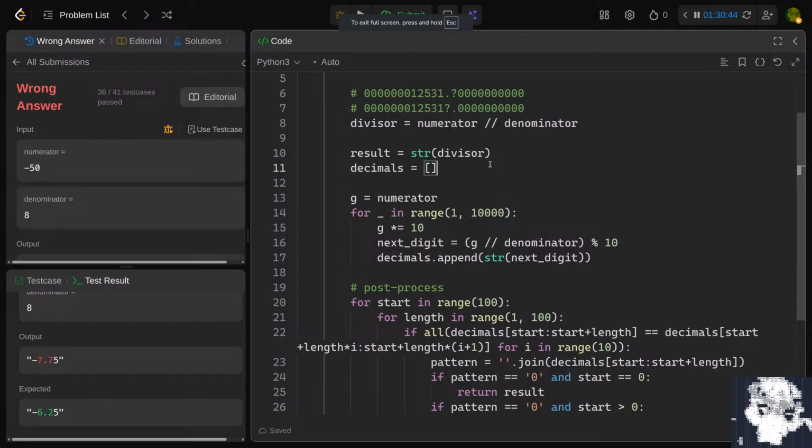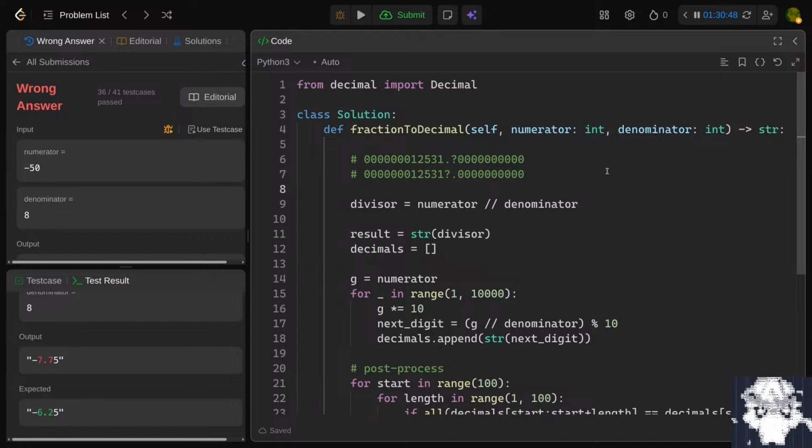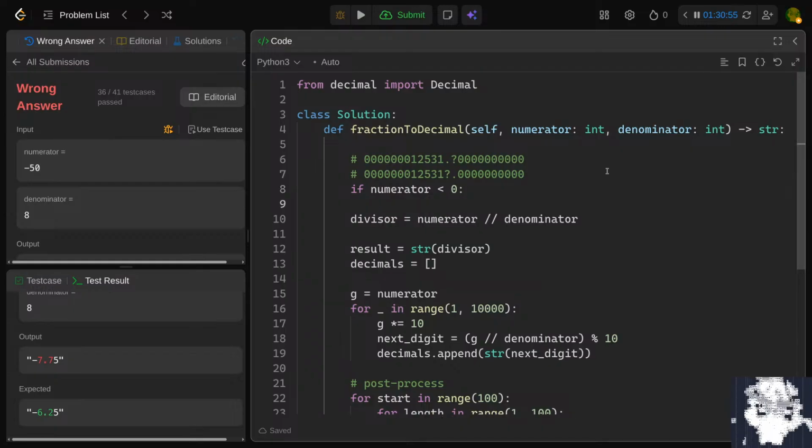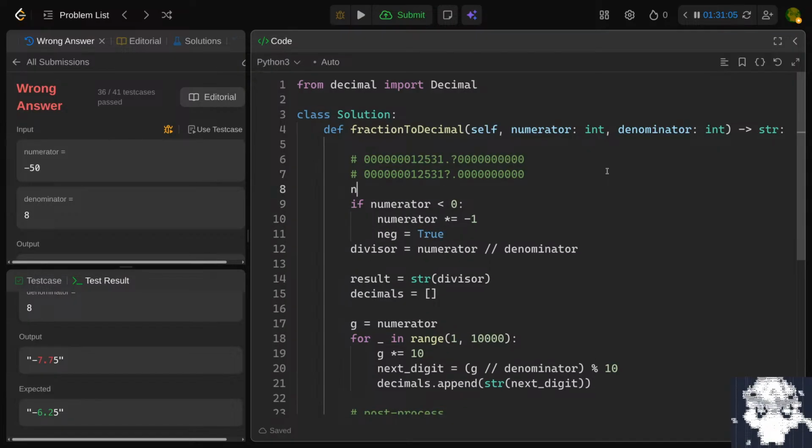Okay, well, we can just add, we can just like, if numerator is less than 0, make it positive and remember that it was negative. Neg equals true, neg equals false.